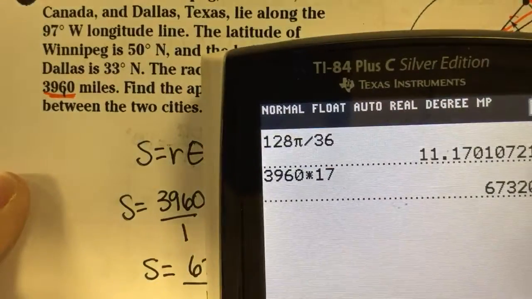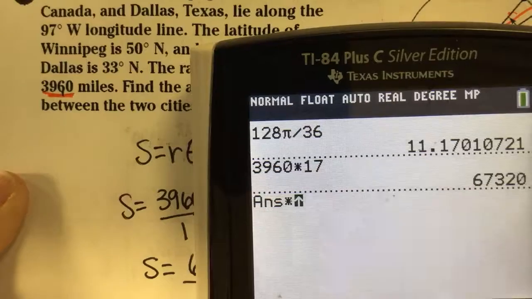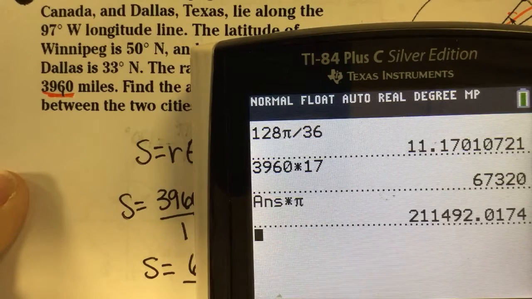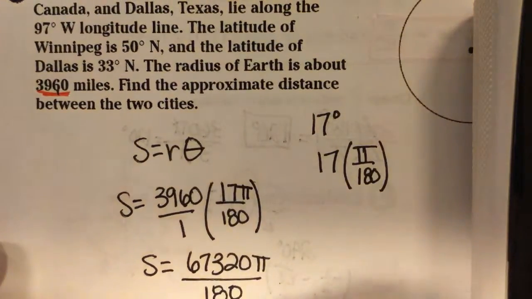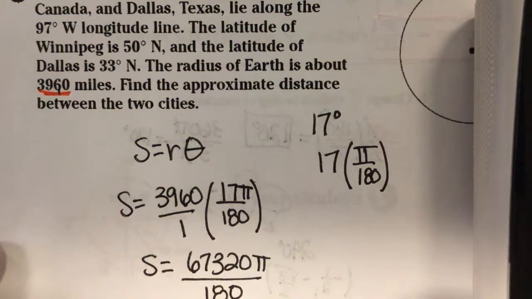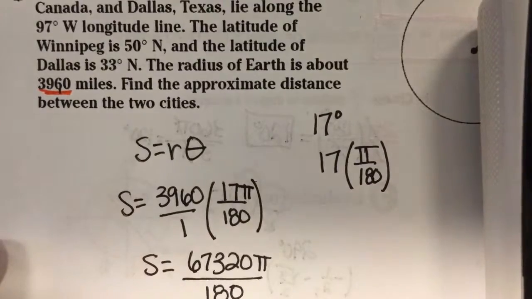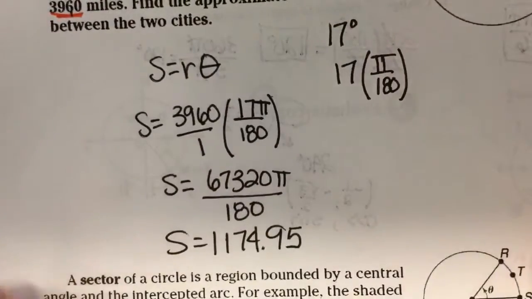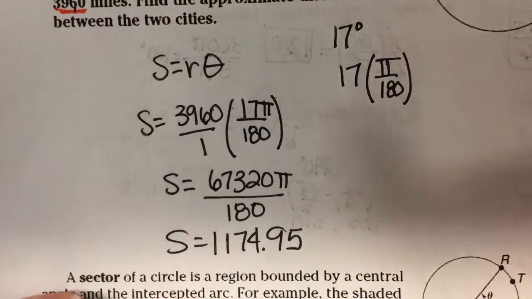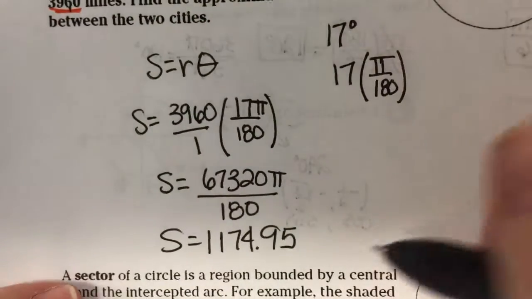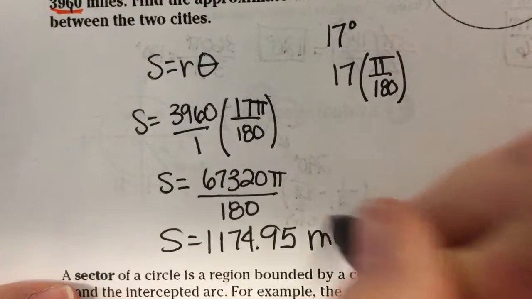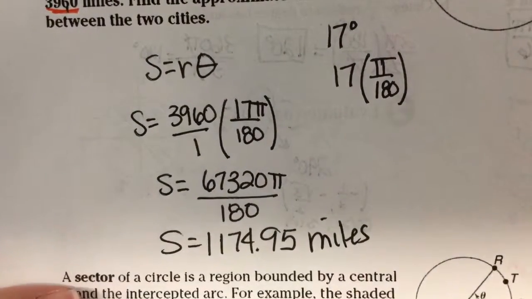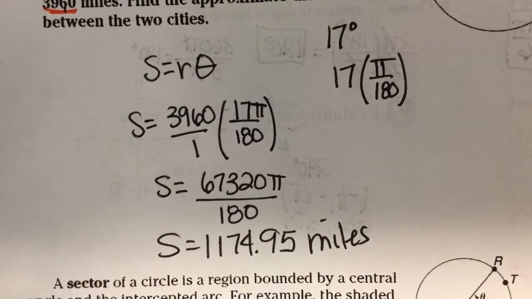I can take that times pi divided by 180, so 1,174.95. They don't ask us to do anything specific, so I would just leave it at that, miles. Pretty easy, short and sweet.